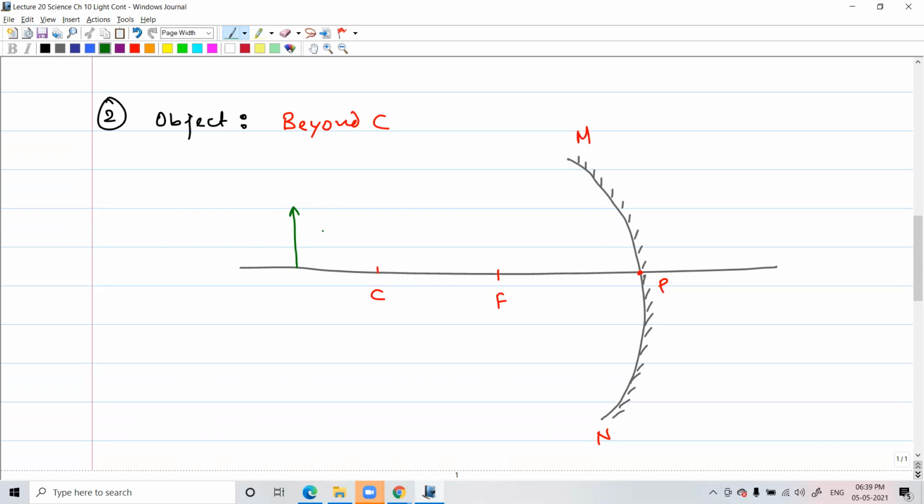I will keep the foot of the object on the principal axis. Remember guys, the principal axis is a straight line. And the head of the object I will call A, and the foot will be B.